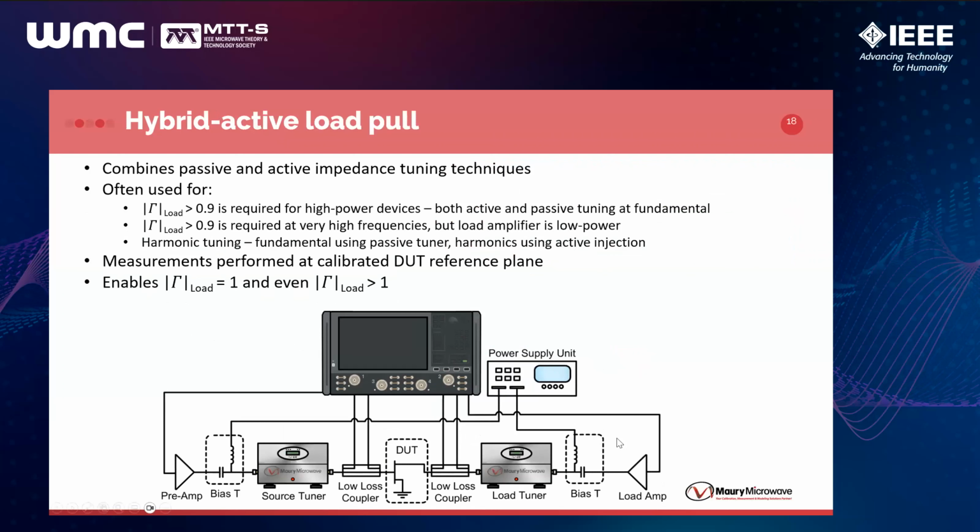So we can go to a hybrid solution where we put a tuner, and this tuner will have the same functionality as the source tuner, where the source tuner is used to reduce the need for power to drive the device. Here this tuner will be used to reduce the power needed to actively inject the device. So the active injection will be reduced, and this tuner helps in that. And that's what we call a hybrid active solution.